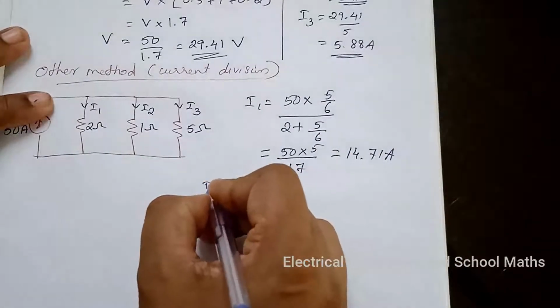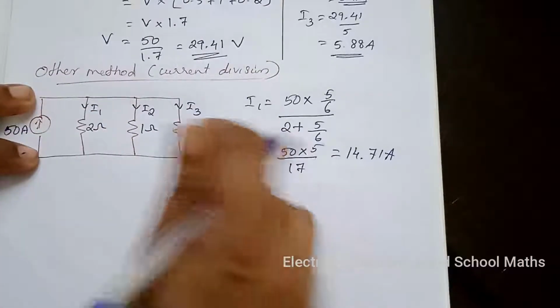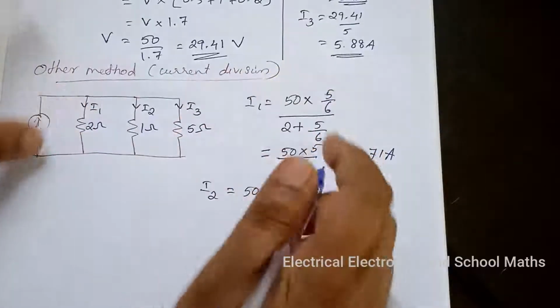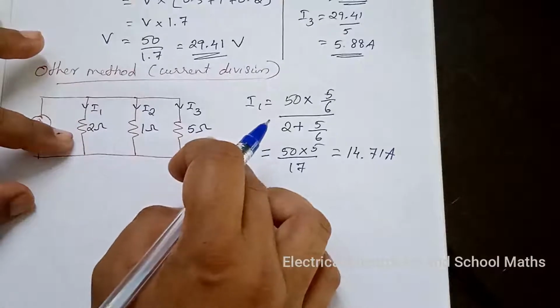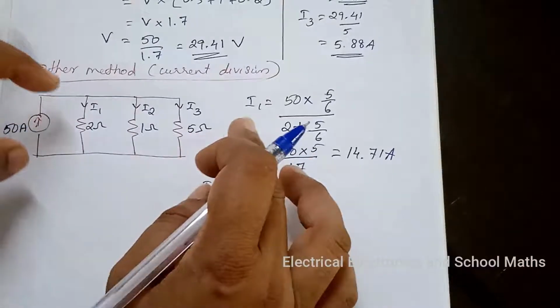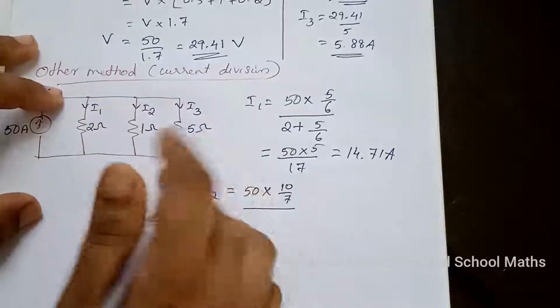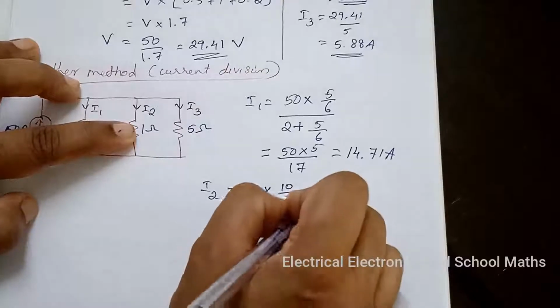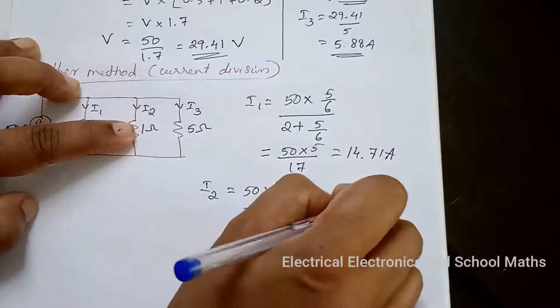Similarly, I2 equal to total current into resistance through other branch. Here these two resistors in parallel, that is 2 into 5 divided by 2 plus 5, that is 10 by 7, divided by total resistance, which is 1 plus 10 by 7, and the answer is 29.41 ampere.